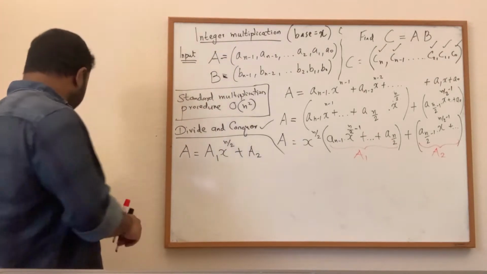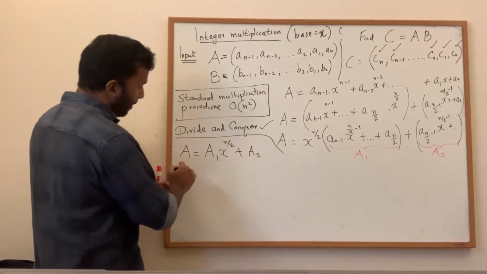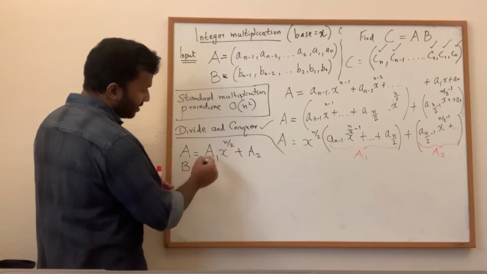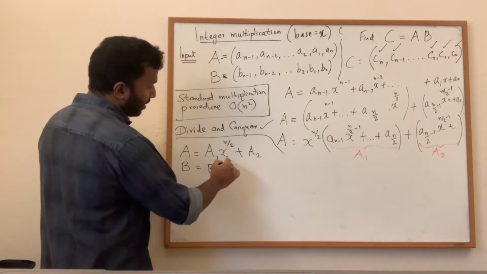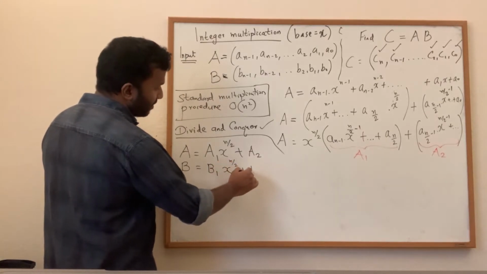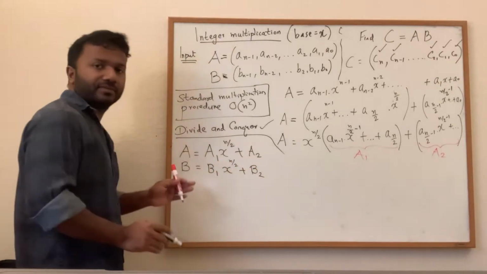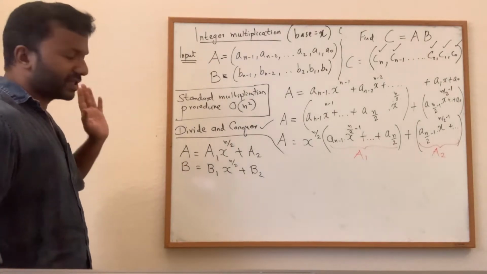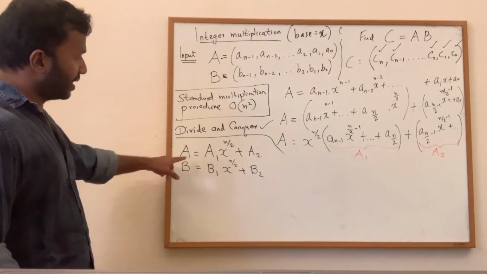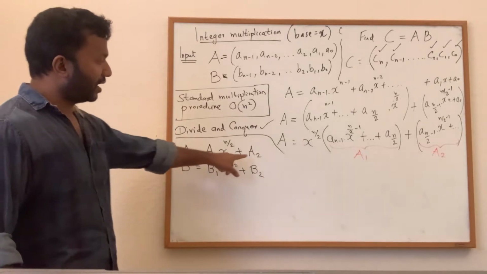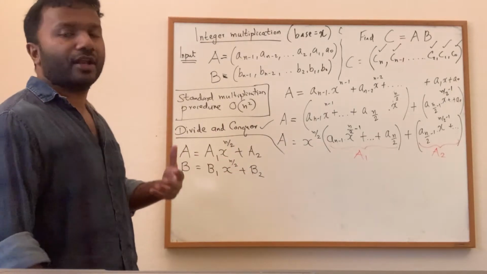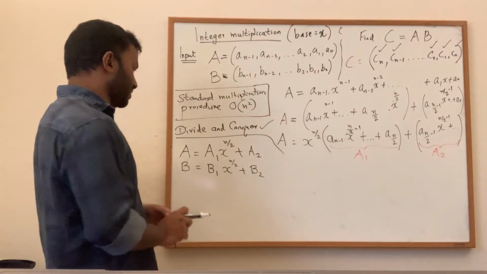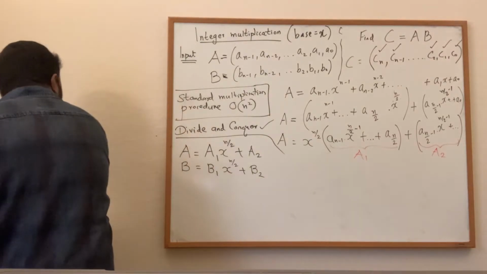And B, in the same way, I can write as B1 multiplied by x raised to n over 2, plus B2. So this much is correct, right? So A, B, A1, A2, B1, B2, where A1, A2, B1, B2 are n over 2 digit numbers.